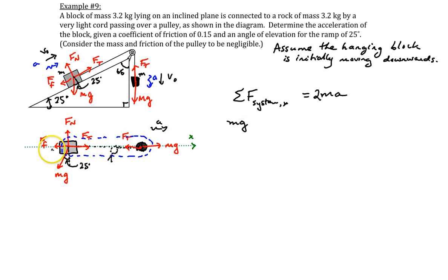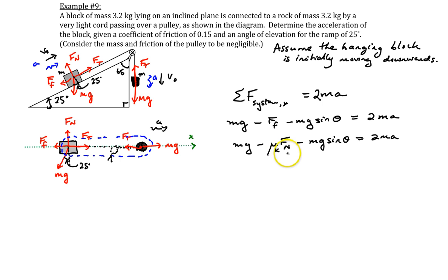The tensions would both be considered internal forces, so they would cancel out. We have the force of friction, Ff, and then we have the x component of this mg, which is mg sine theta, and that is equal to 2m times a. We can rewrite the friction now as mu times the normal force, Fn, so mg minus mu Fn minus mg sine theta equals 2ma. By the way, this is a kinetic coefficient of friction.